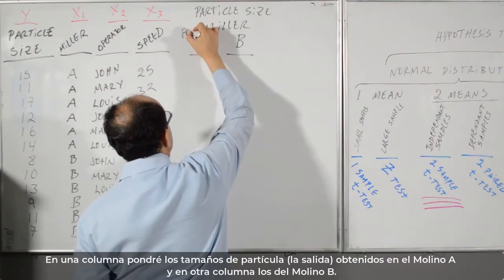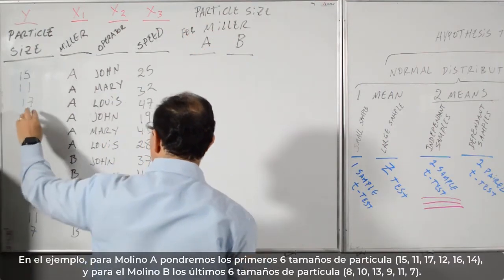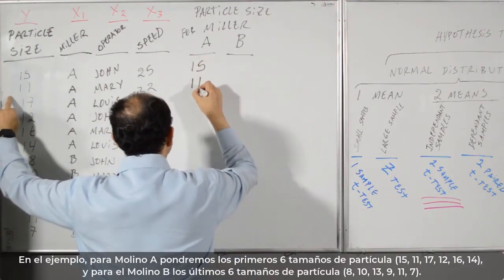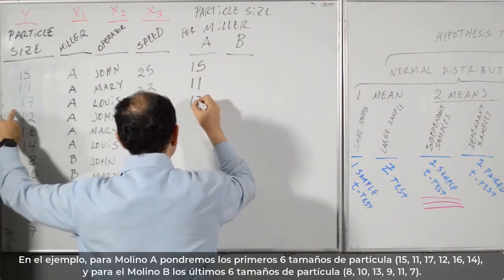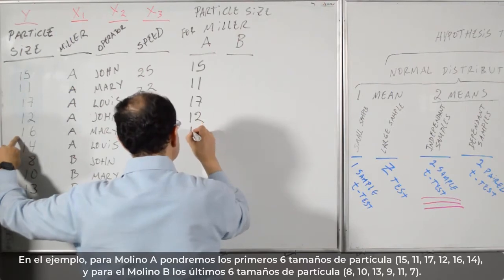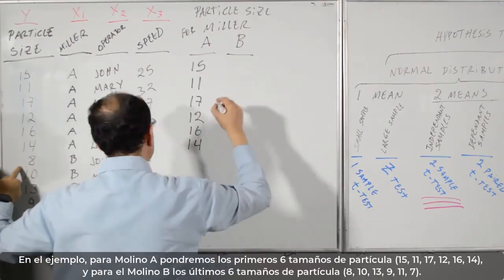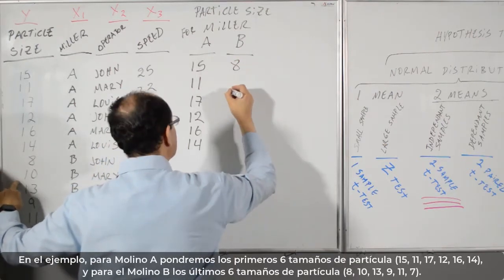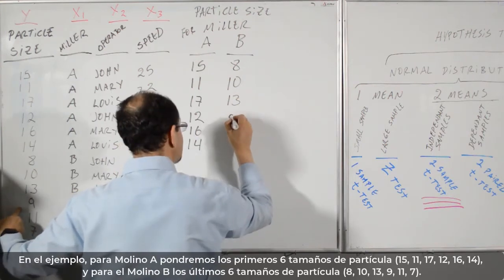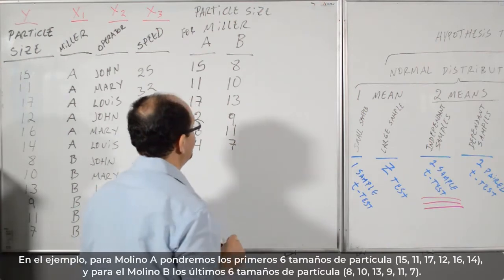For instance, for Miller A, we have the first 6 of them. The particle size is 15, 11, 17, 12, 16, and 14. For Miller B, particle size of 8, 10, 13, 9, 11, and 7.